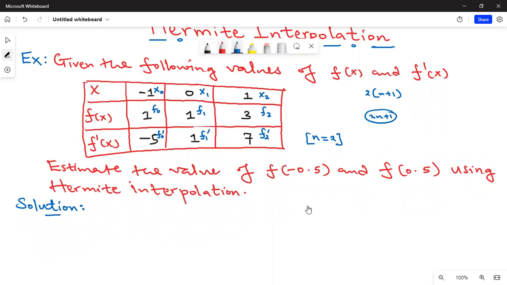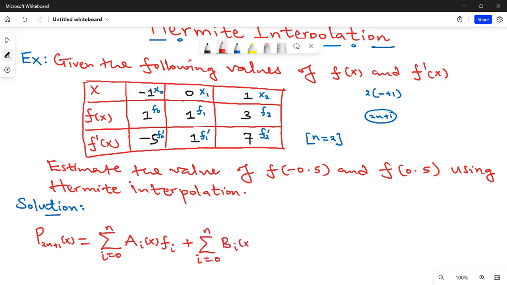So let me give you the general case that the polynomial p of x, let me talk of p_{2n+1} of x is equals to the sum from i is equals to 0 to n, ai of x, fi, plus the sum from i is equals to 0 to n of bi of x, fi prime.